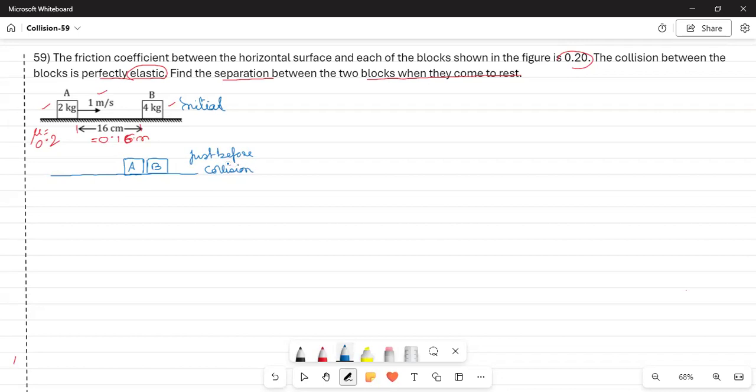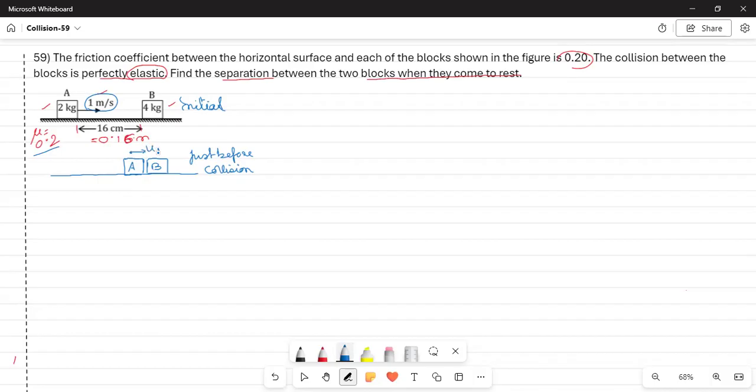Now, the body A started with a velocity of 1 meter per second. But since there is friction, its velocity here will no more be 1 meter per second. Its velocity here will be something different.